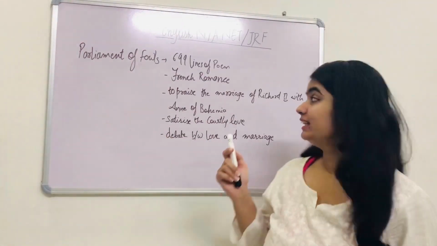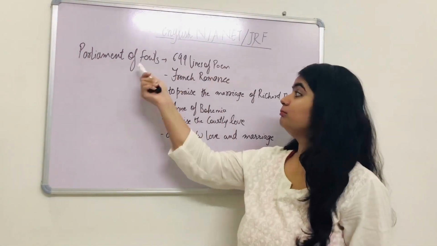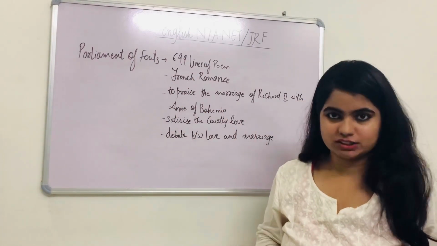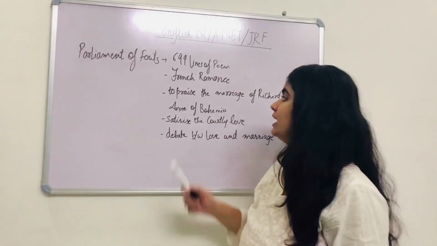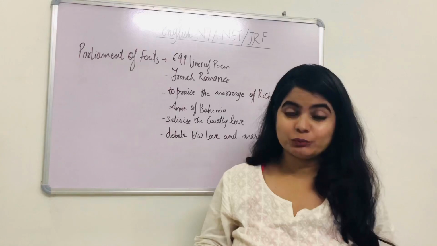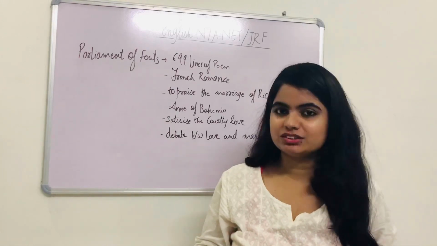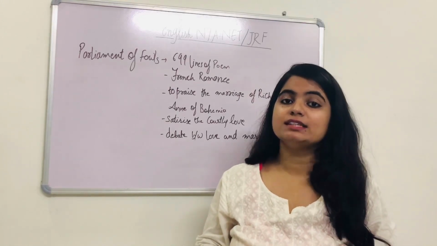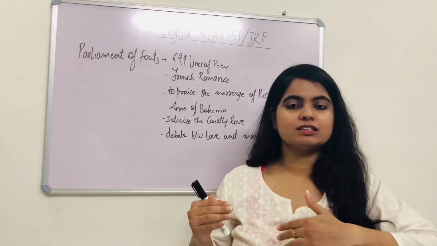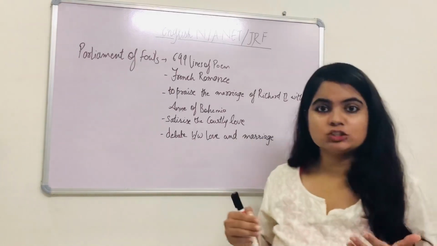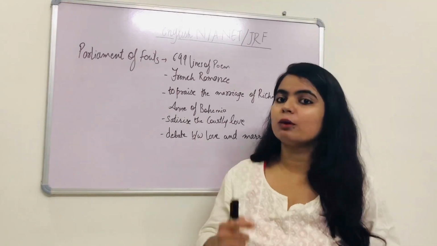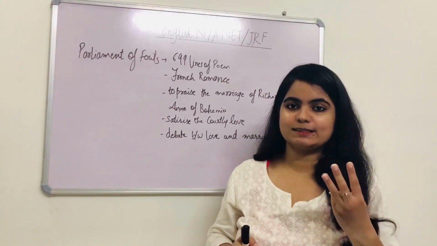And it was also written again in the French tradition of romance, right? Then this poem was written to praise the marriage of Richard II with Anne of Bohemia. Who was Richard II? Richard II was the second king in the Hundred Years' War. As I told you in the previous video, Chaucer was the only court poet who worked under three kings of England.